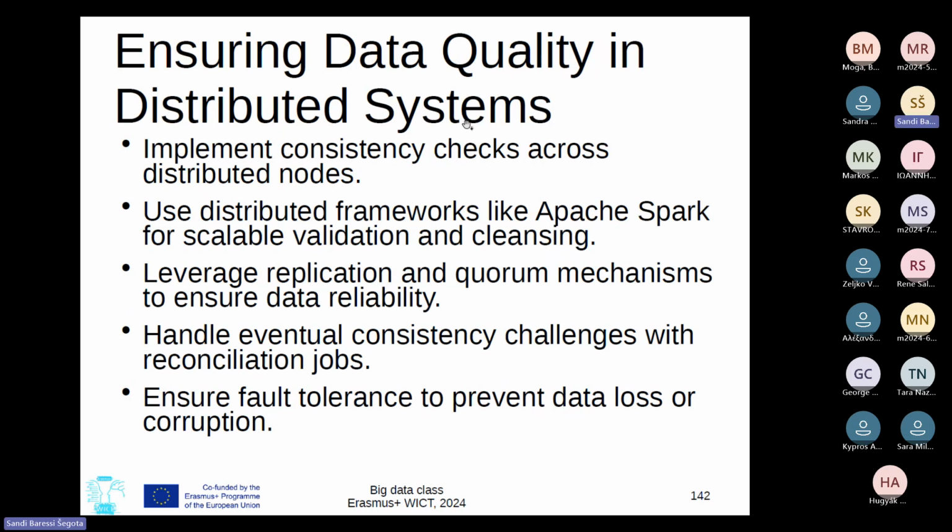I mentioned distributed systems. That can be a problem. Why can it be a problem? First, you want to use distributed frameworks, something like Apache Spark or Hadoop, that allows you to check the data automatically, right?